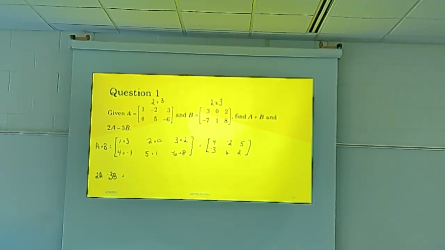2A minus 3B. Two A: multiply each entry in A by 2.